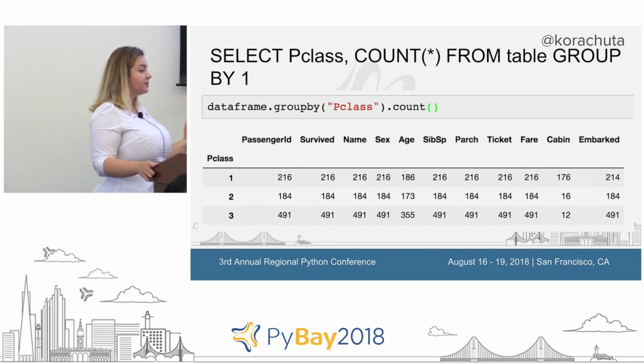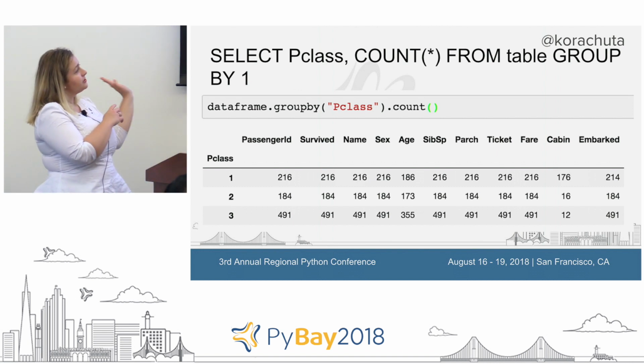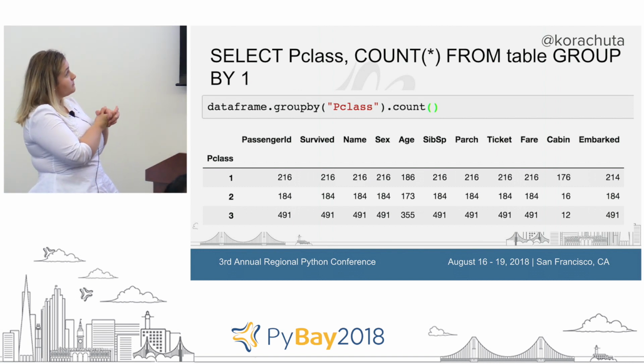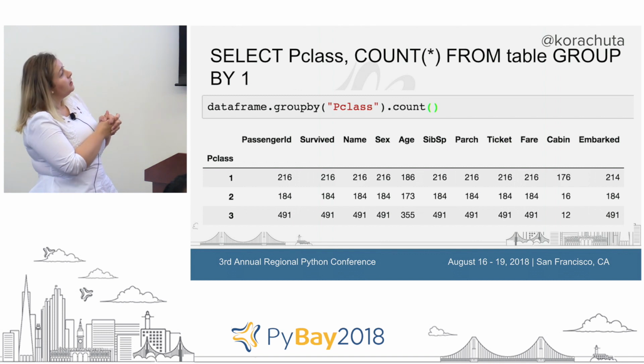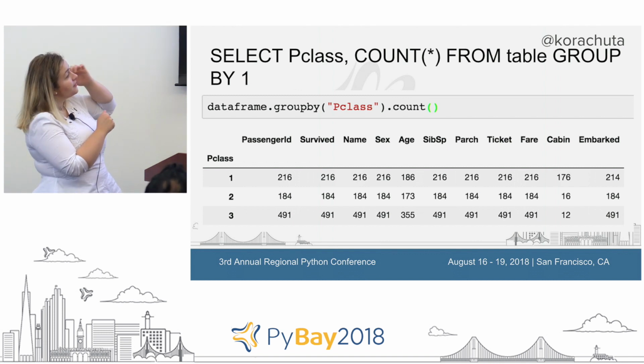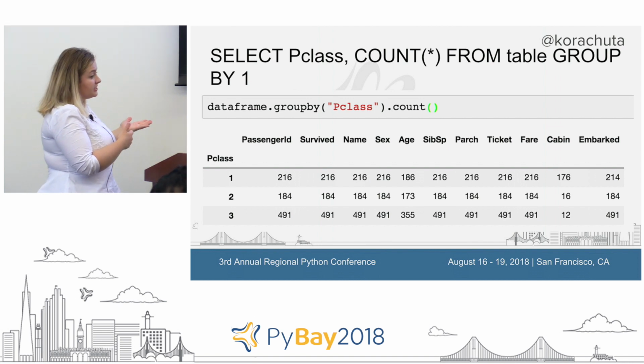We can group by on multiple columns, and then we do count. So you will see that it's counted all of the different entries in the different columns, and you can also see that those numbers don't match up. It's because count doesn't include null values. So from this we can infer that, for example, the embark column has 2 null entries in the first class.